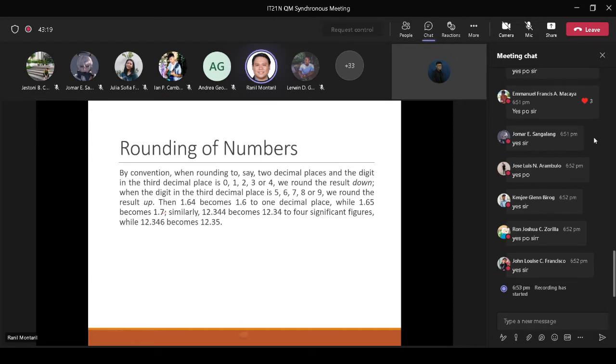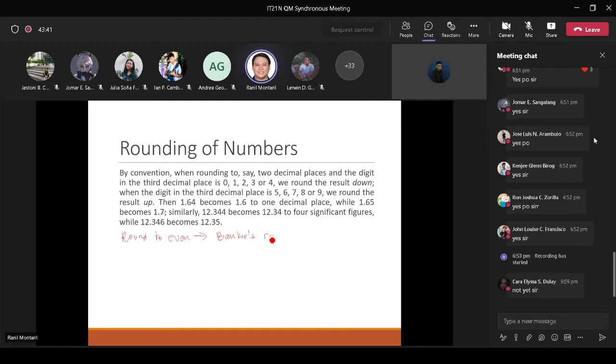And you use it. But there is another rule which we call round to even. Have you heard of that, guys? Round to even. No, sir. Yes, round to even, or bankers' rounding, is a rounding method which is a standard for taxation and even floating point numbers.